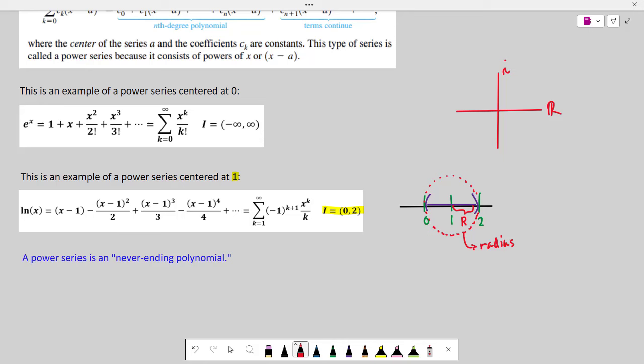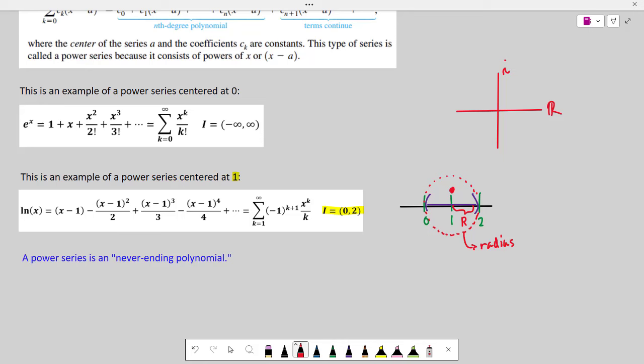If we were to allow general complex numbers to go in here, for example, right here would be 1 plus half i. This is a circle of radius 1. If you plug in 1 plus half i for all those x's, it will converge. So with power series, the convergence is for every single point in a complex disk and divergence everywhere else. That's why they call it the radius of convergence, because it's really a circle.